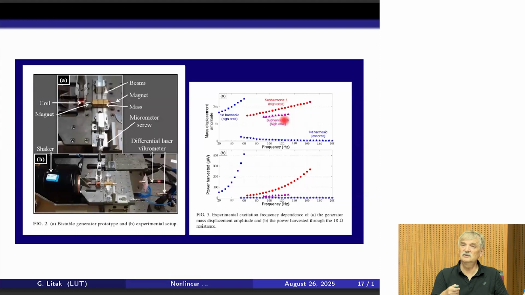Subharmonic. So when you say subharmonic, you mean that there is, for example, subharmonic 3, meaning that you have 3 pulsations of excitation and 1 response of the system. So in voltage there is 1 response after 3 pulsations.